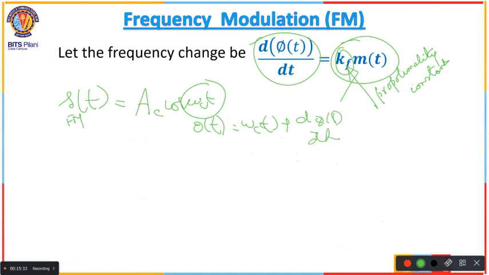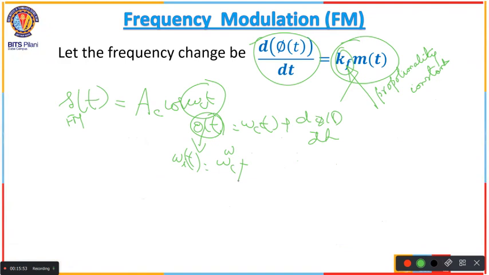This is your instantaneous angle. Now what is the equivalent frequency? The instantaneous frequency omega i of t is equal to omega c plus d phi of t by dt.